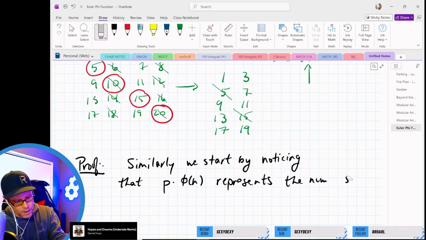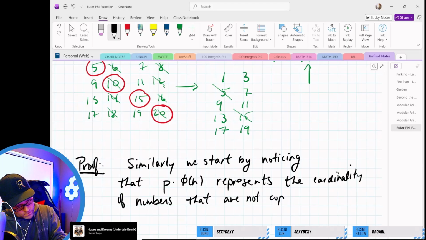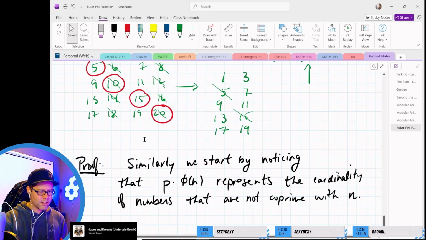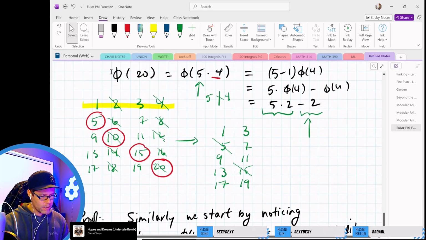It doesn't represent the numbers, it represents the cardinality. So it's going to remove all of those values that are not co-prime with n, all the way up to, in our case, 20. So it removed all of the numbers that were even.